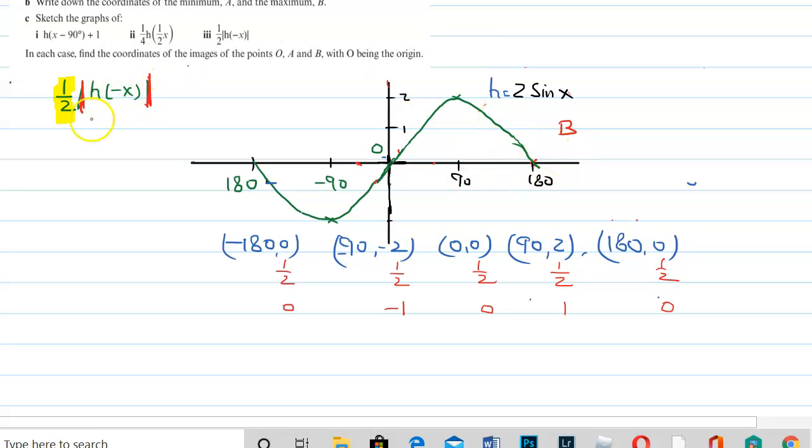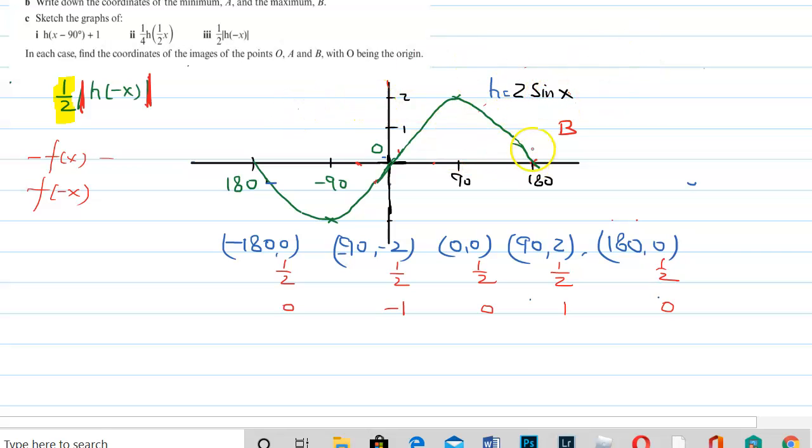Now minus x. It is not like f(x), it is f(minus x). This one is a mirror image in this axis, right? And this one is mirror image in the y-axis. So this part will come here and this part will go there. That is the first thing.